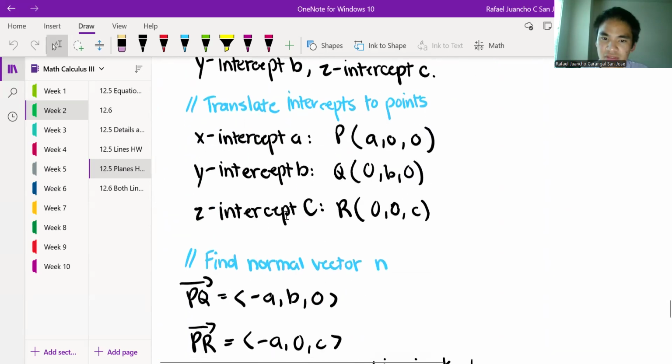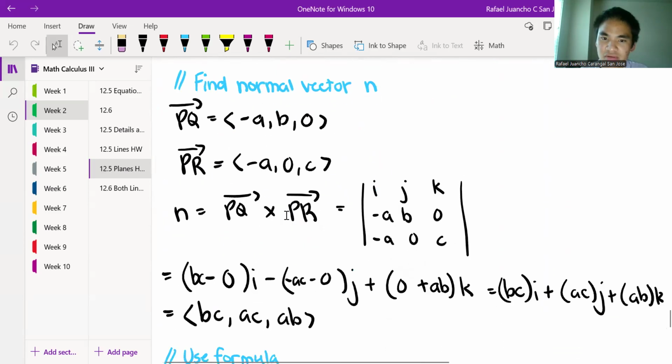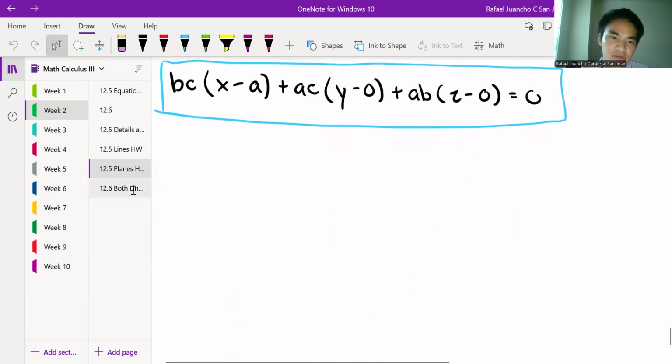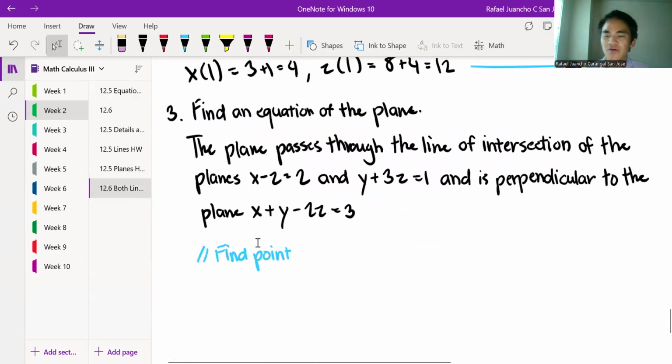Okay. Let me think. So, a plane that passes through the line of intersection of these two planes.